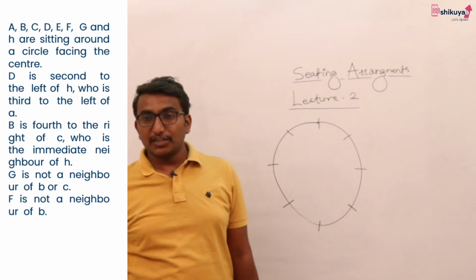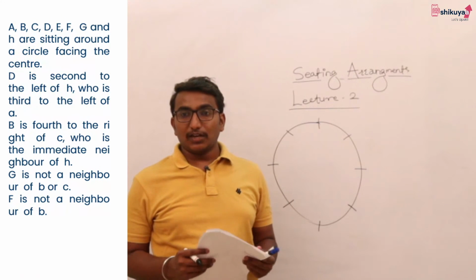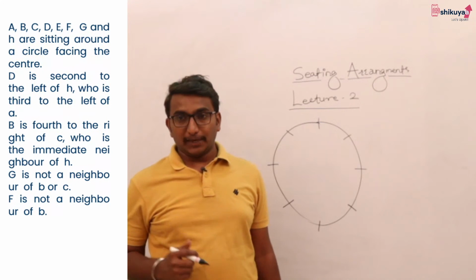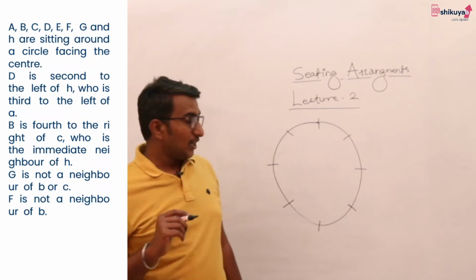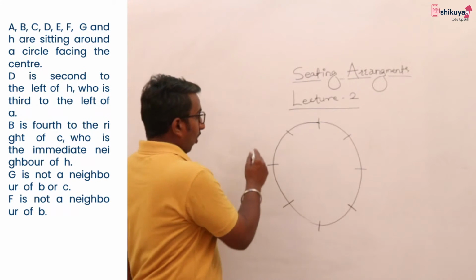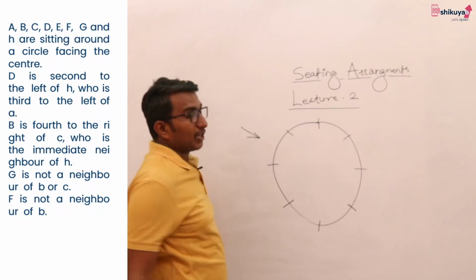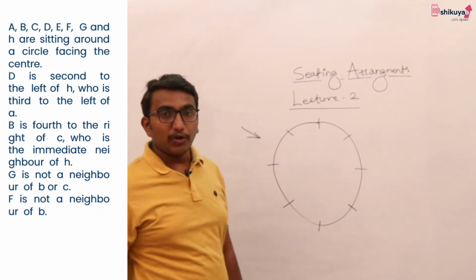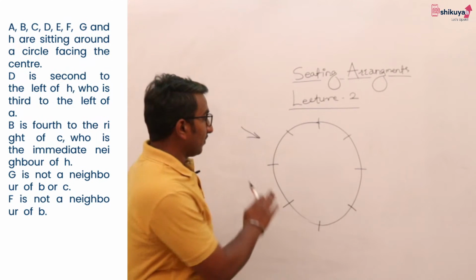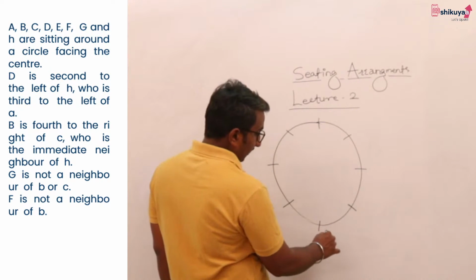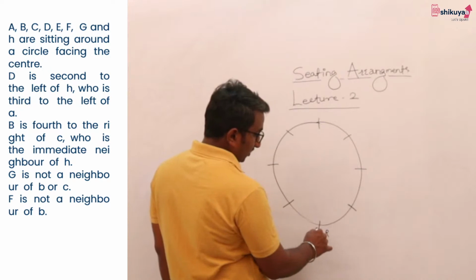First information is D is second to the left of H, who is third to the left of A. As I have already told you, they have given in the information that all are facing towards the center. So according to that, we have to decide the left and right directions of each and every person. As they are facing towards the center, the right direction of the person sitting over here will be this, and left will be this.